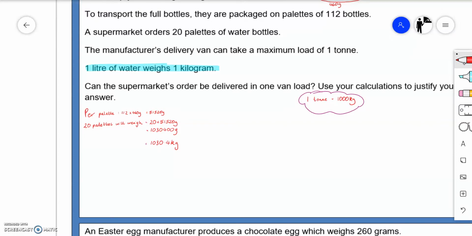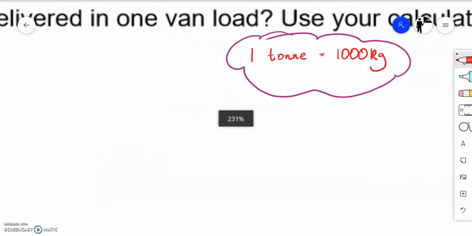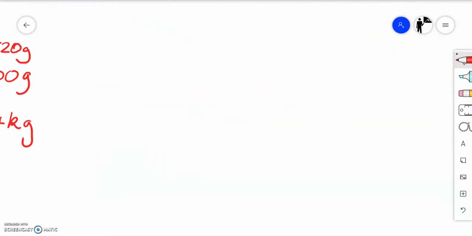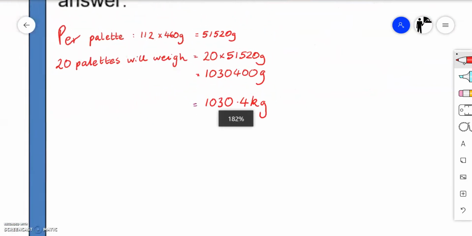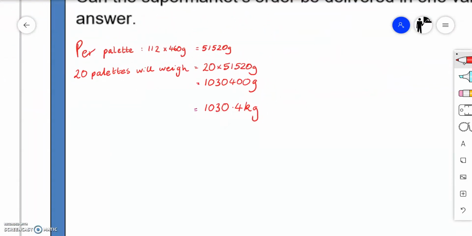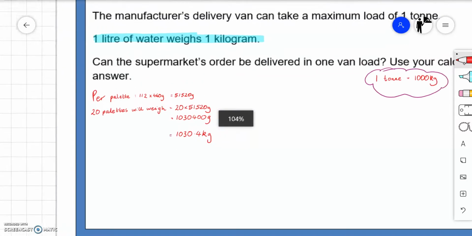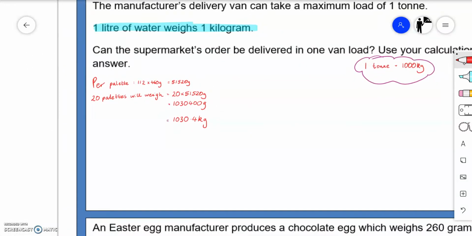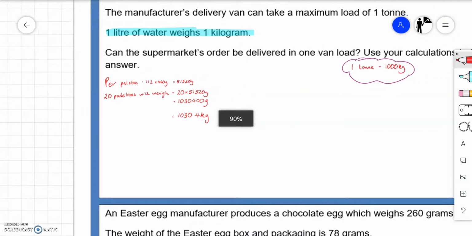Let's have a look at the question. The delivery van can take a maximum load of a tonne. Can it be delivered? A tonne is 1000 kilograms, so the van can hold 1000 kilograms, and our pallets weigh 1030 kilograms, so it will not be able to deliver the order in one load. So can the supermarket order be delivered?